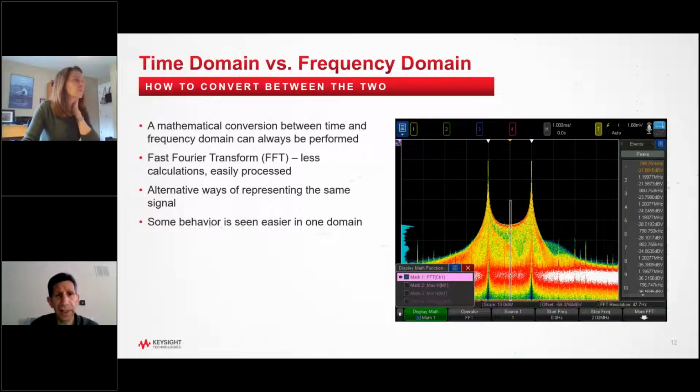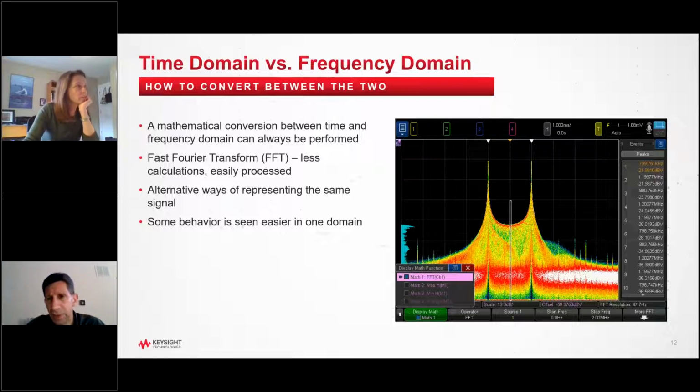All right, and again, how do you convert between time and frequency domain? Well, the most simple way, and the way our instruments do it, is with FFTs. Again, just a mathematical conversion between time and frequency domain. Pretty much every scope we make today, except that very basic one that we first showed you, can do FFTs.